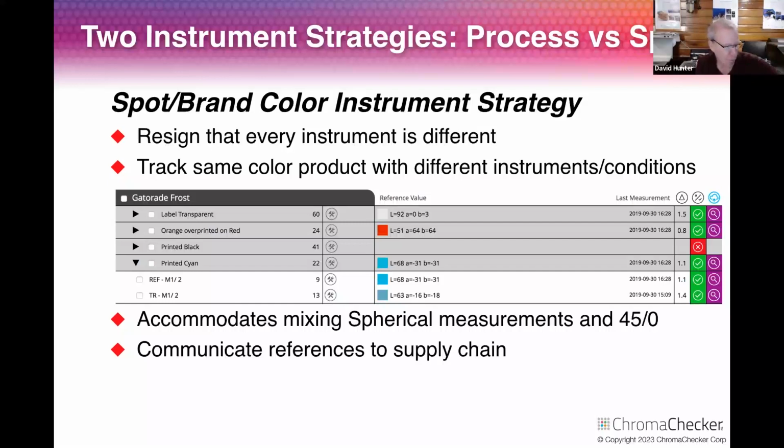So you could have one track for the color or the object to be the gloss, one to be the spec, which is a spherical spec measurement, and one value to be the 45-0 measurement. So in this way, you can track one object with 3 different types of measurement devices to ensure that it's performing correctly through the manufacturing of that object.